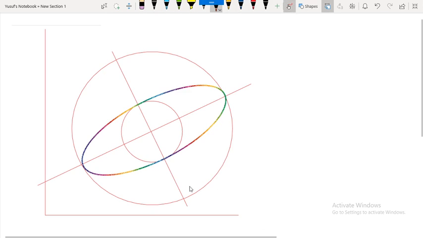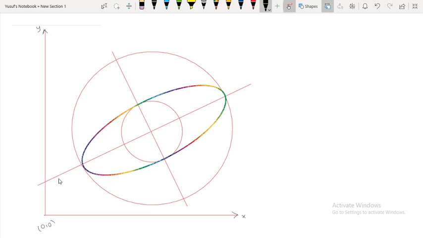So this is the x-axis and this is the y-axis of the computer. Computer x-axis and computer y-axis, and this is 0 comma 0, the pixel number 0 comma 0 of the computer.